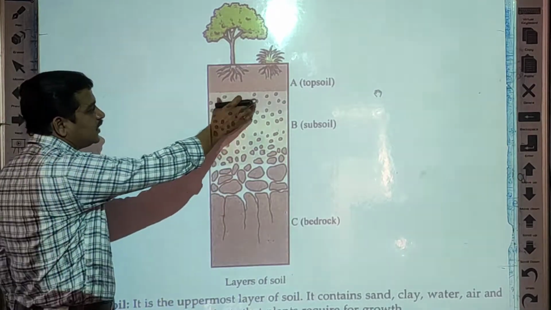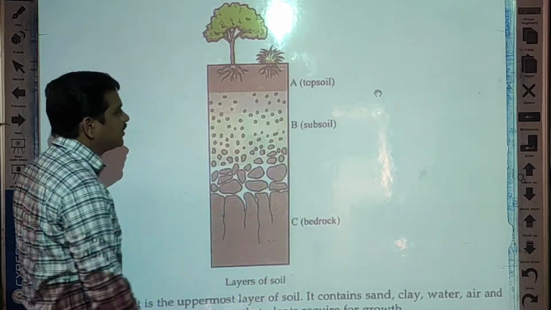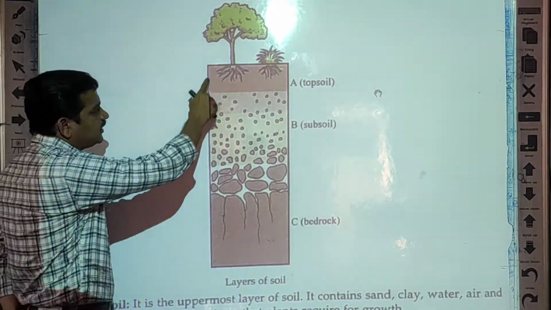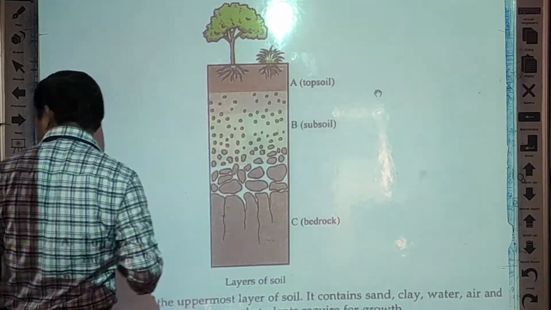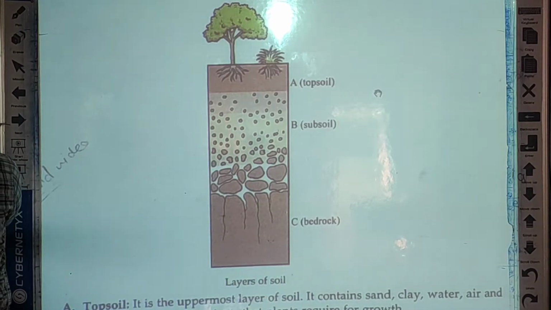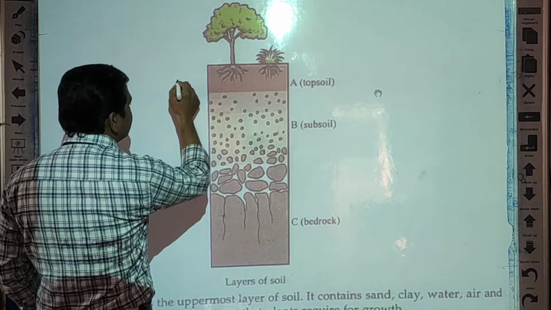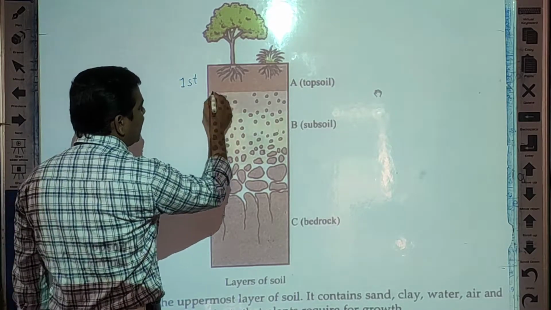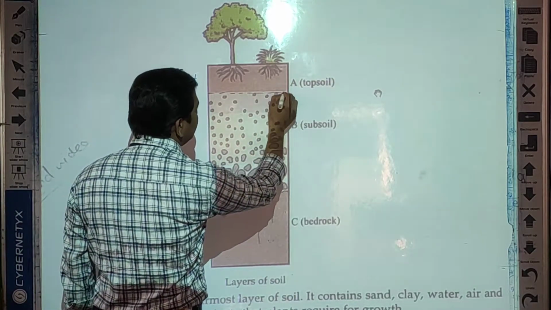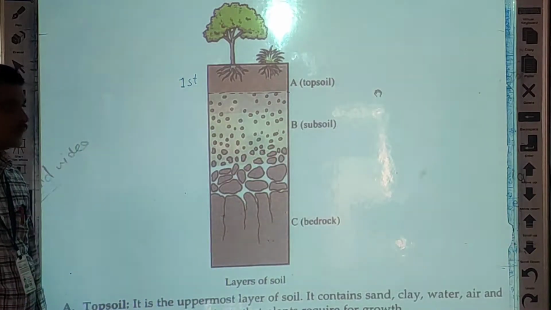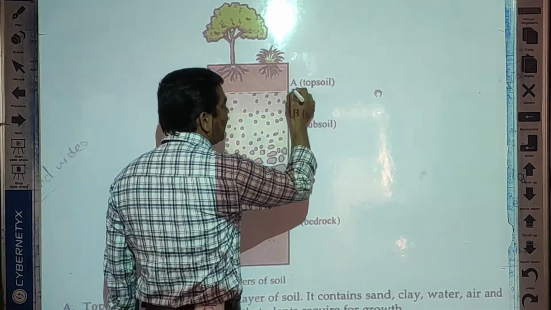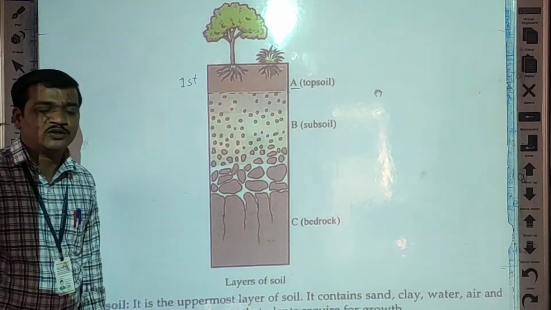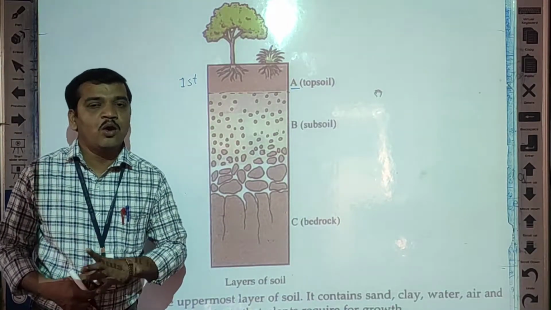So first you can see, students, this surface. This surface is called a layer, this is the first layer. Okay students, this is the first layer and we can call this layer topsoil, or it is also called A horizon. What can we call it, students? A horizon.